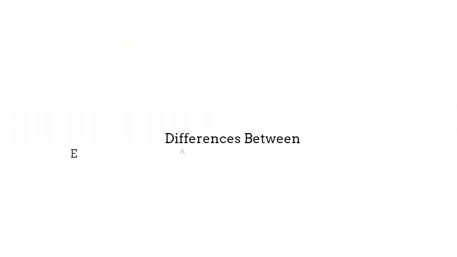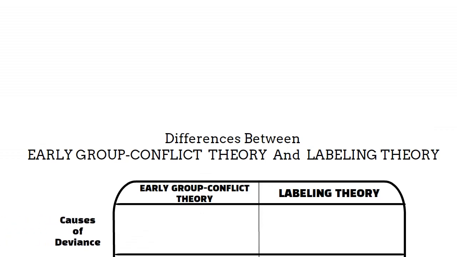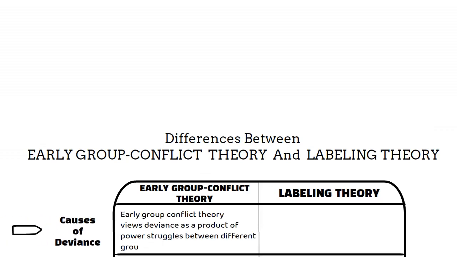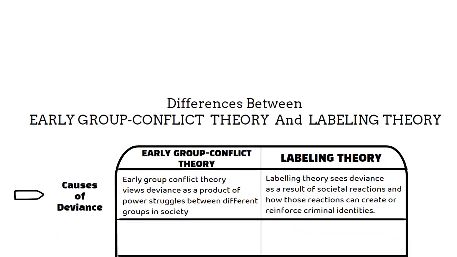Now, these two theories also have ways in which they differ. Early group conflict theory views deviance as a product of power struggles between different groups in society, while labeling theory sees deviance as a result of societal reactions and how those reactions can create or reinforce criminal identities.